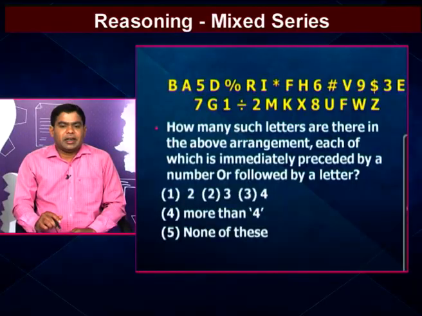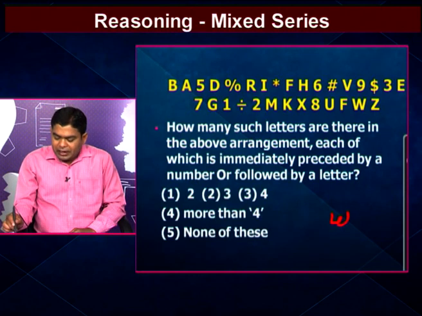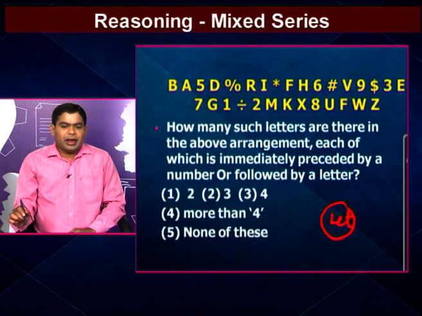How many such letters are there in the above arrangement, each of which is immediately preceded by a number or followed by a letter? That means the question is asking for a letter. Letter means either vowel or consonant.